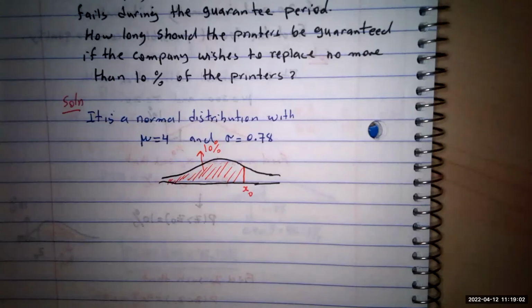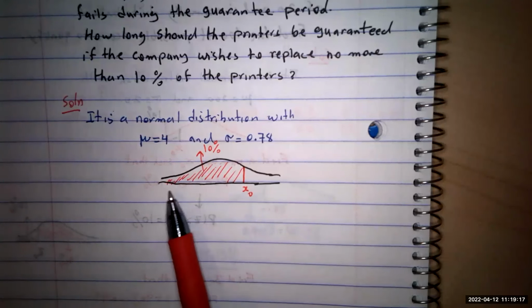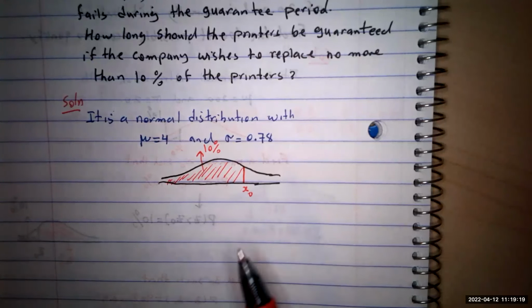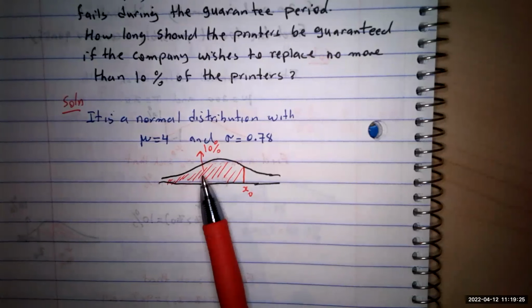Okay, when you set up this curve, the problem basically tells you 10%, but you have to decide yourself over here. So just think about it. If this is the time that you set up, of course, if anything happened up to this time, you are responsible. You have to replace it. But you would like this area to be as small as possible, so you want it to be 10%.